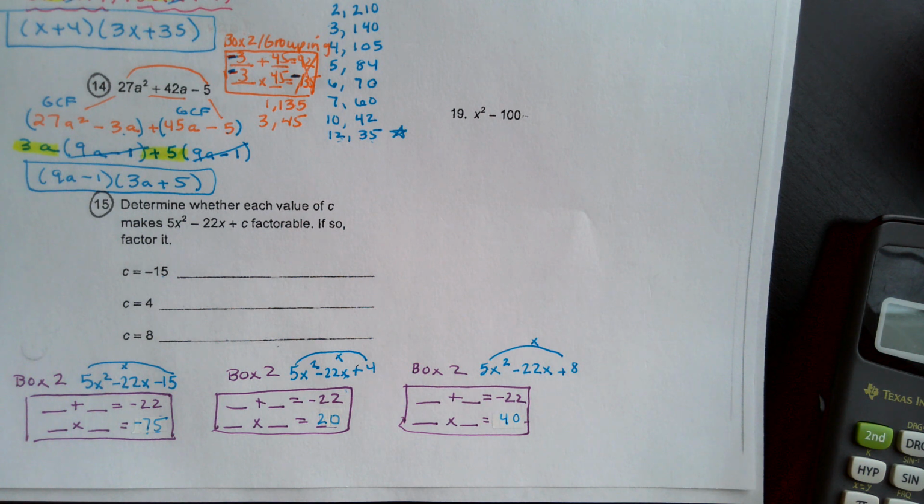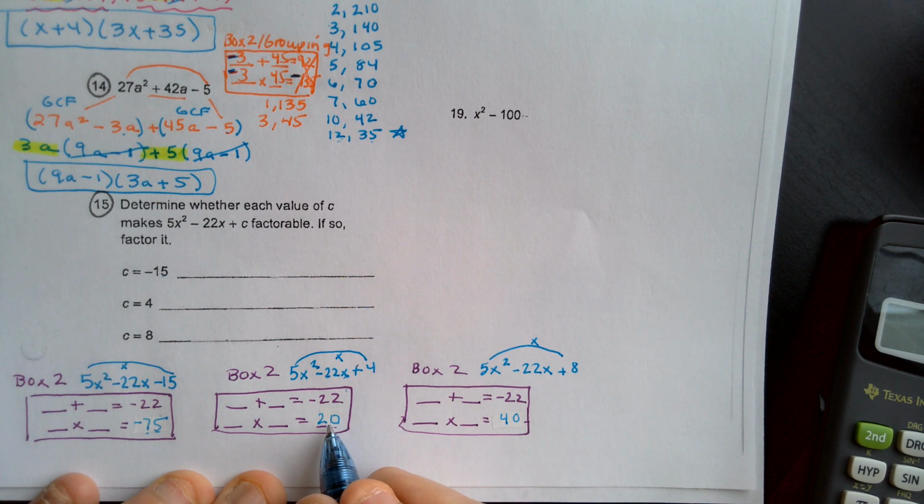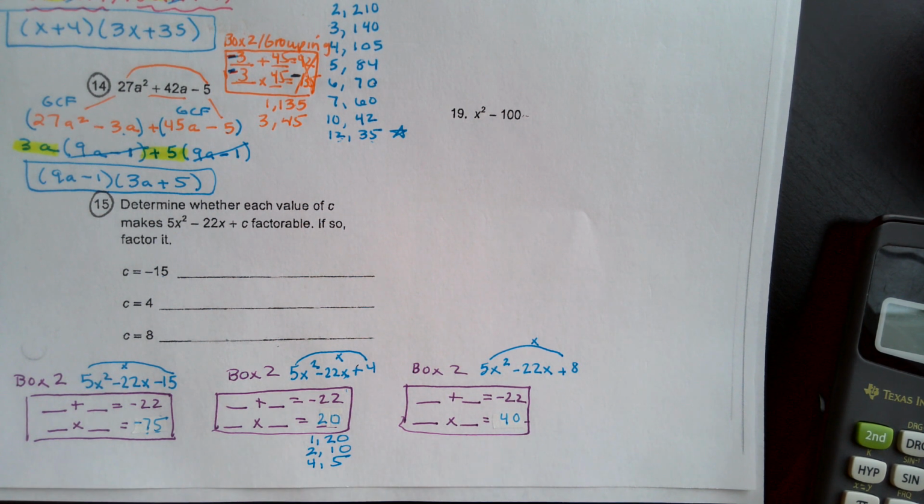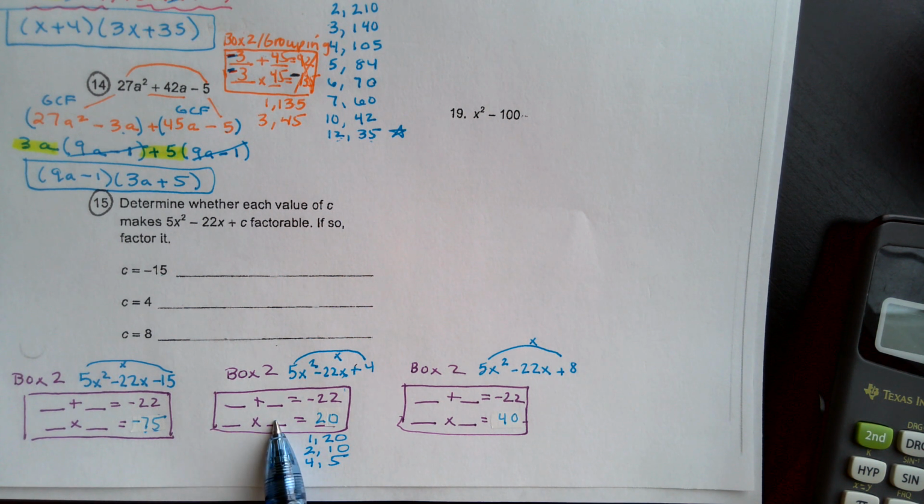Okay, so I'm going to try, because I can look ahead and see what doesn't work, I'm going to do that one first. Let's look at this one. 20, 1 and 20, 2 and 10, 4 and 5, and that's it. So I need these both to be positive or negative.